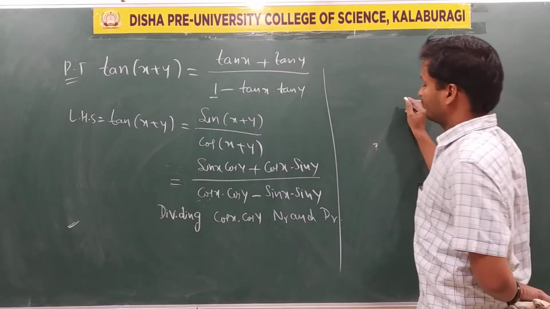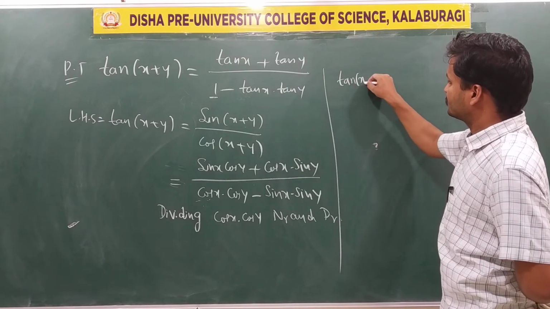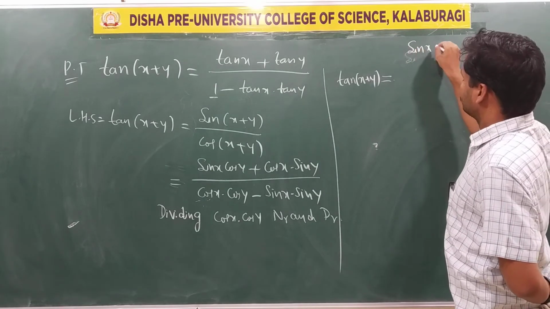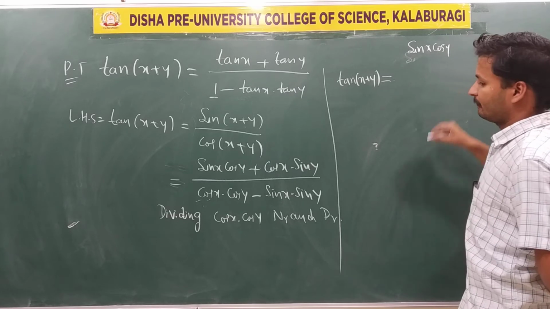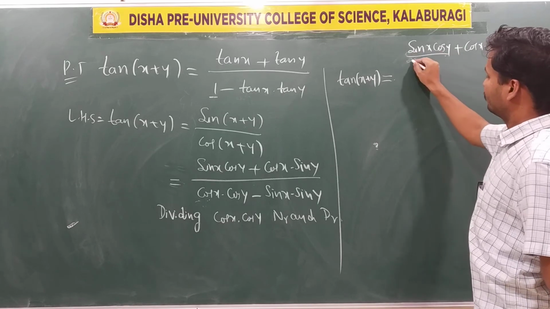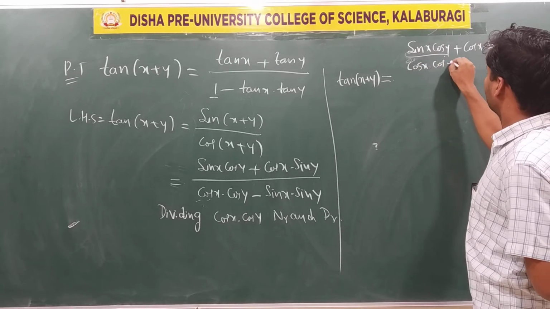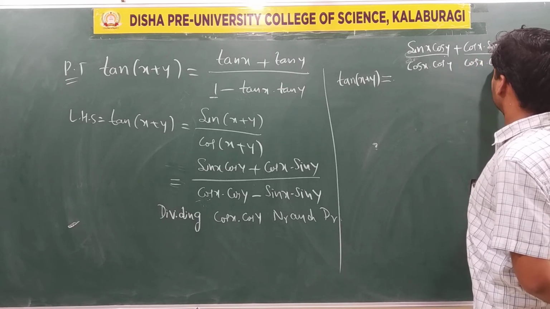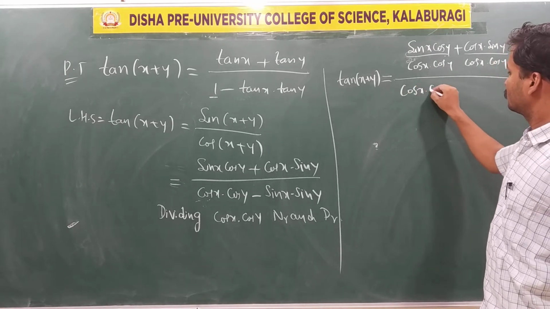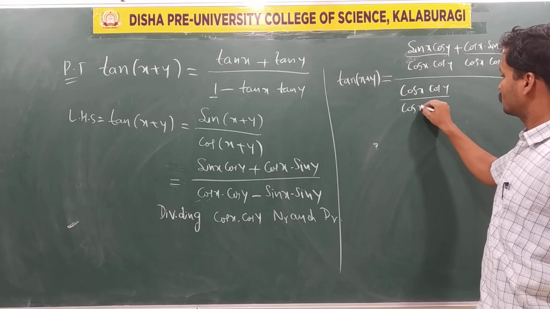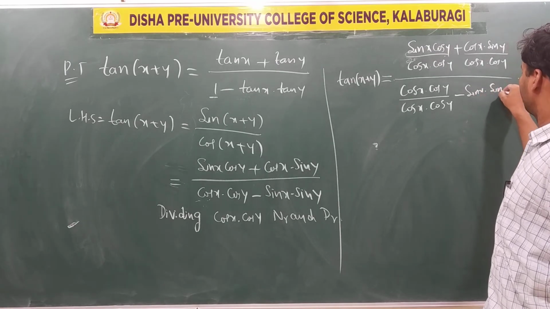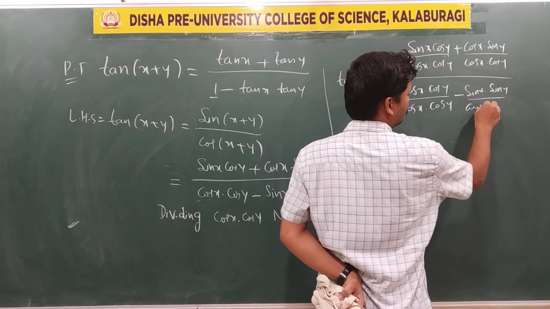That is, tan of x plus y is equal to, after dividing, sin x into cos y plus cos x into sin y, all divided by cos x into cos y, divided by cos x into cos y minus sin x into sin y divided by cos x into cos y.